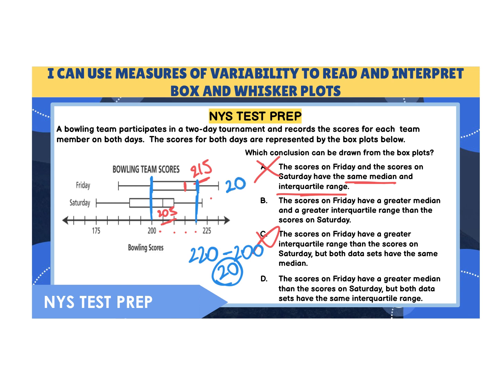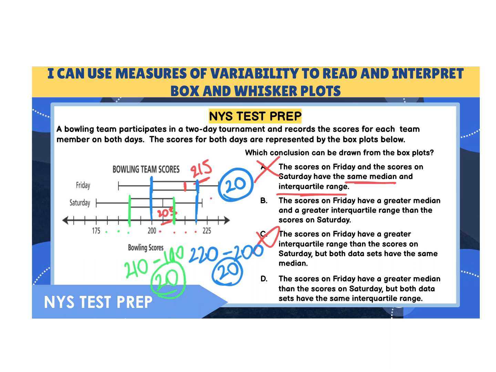So Friday's interquartile range is 20. And now our upper box here, which is 210, minus our lower box here. Let's figure it out. 175, 180, 185, 190. So 210 minus 190 will give us 20.